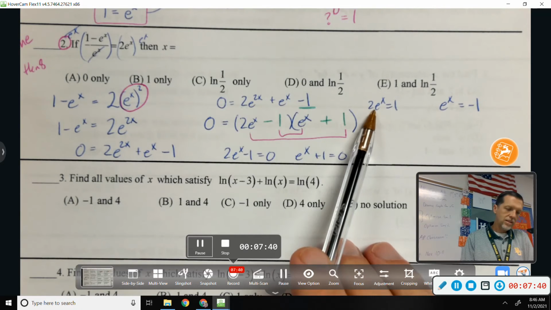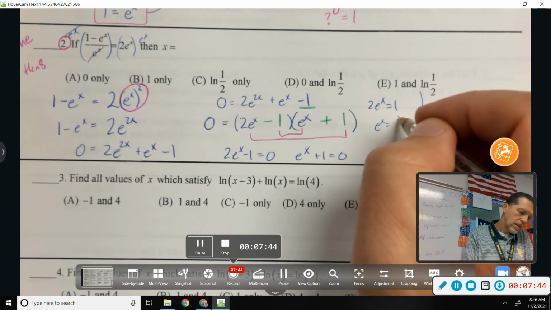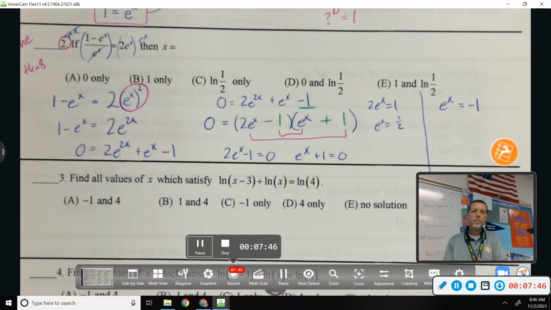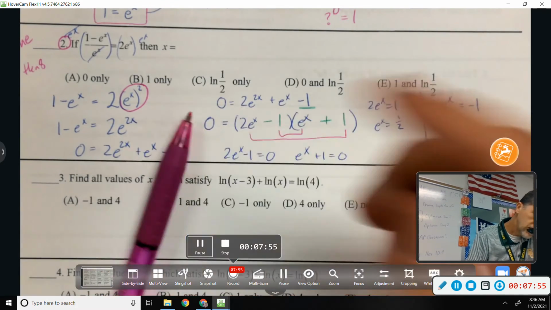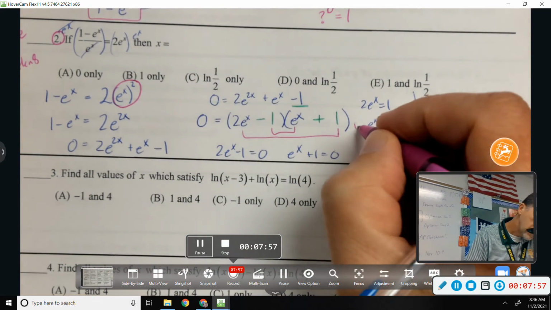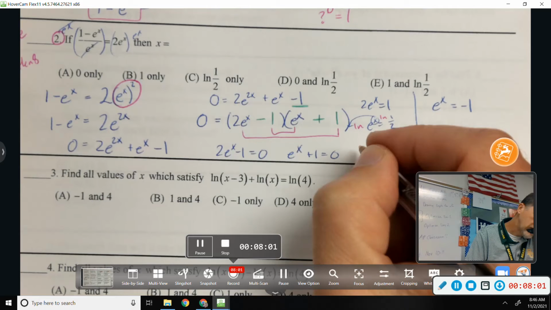Move the 2 to the other side, the one on the right is kind of like a 1. So let's divide by 2. Then we'll natural log both sides, because that allows the x to come down in front.